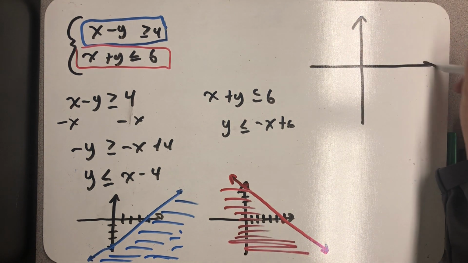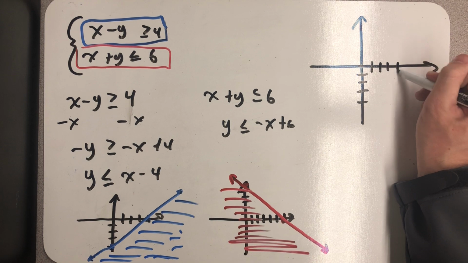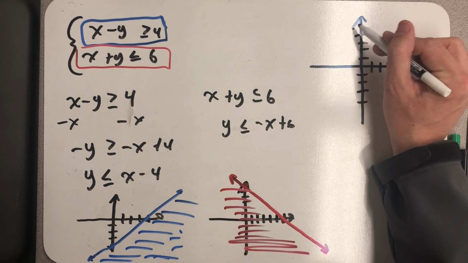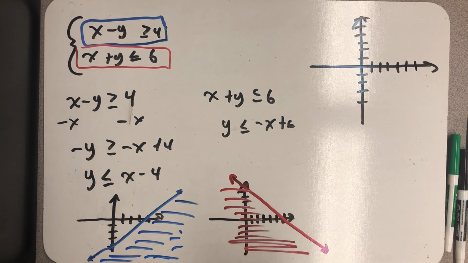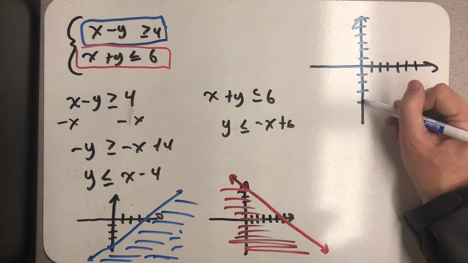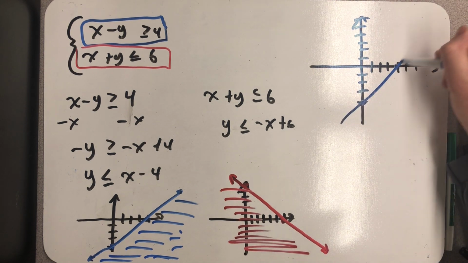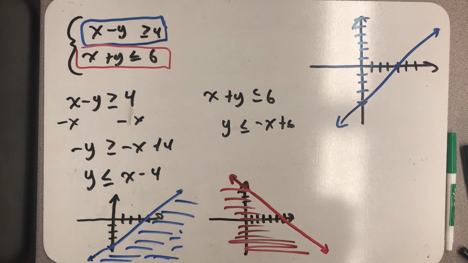Well, that would involve graphing them on the same set of axes. And so I have my blue line. And I have my red line.